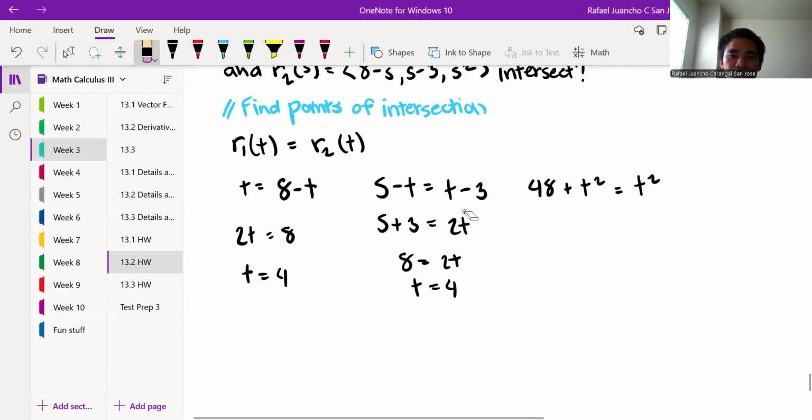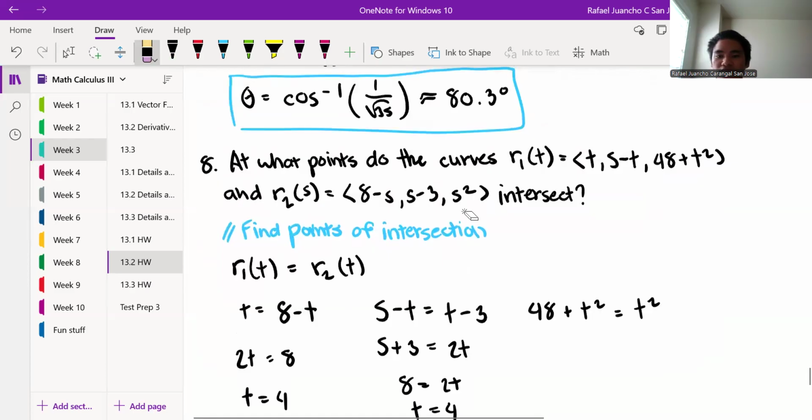I don't know. It's not even about derivatives. It's just finding when these 2 points intersect, right? Yeah, so I find that pretty weird in a sense. Yeah, that is weird.